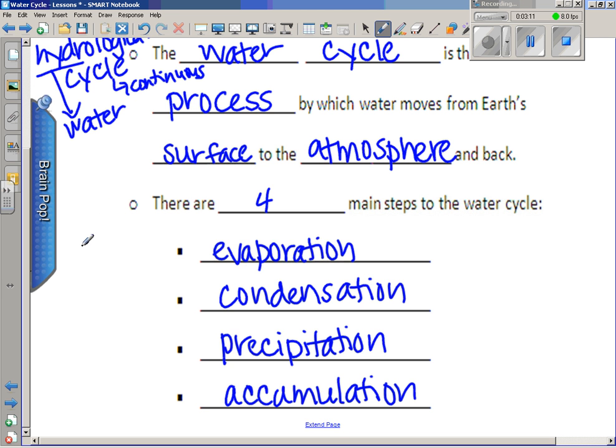Now, how does that water get pumped through all those different steps?